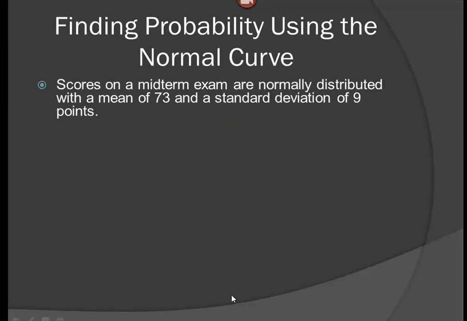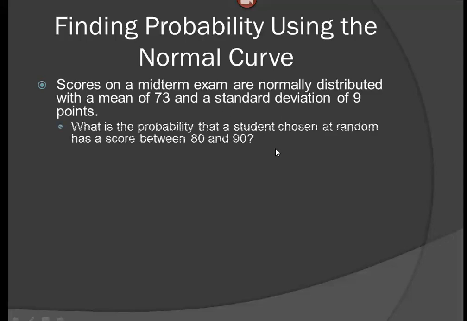Here's some more problems that you can work. This is dealing with midterm exams and normal distribution times. Our mean in this case is 73 and our standard deviation is 9 points. What's the probability a student chosen at random has a score between 80 and 90? Go ahead and calculate that.